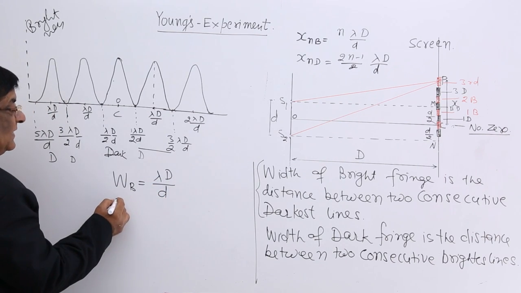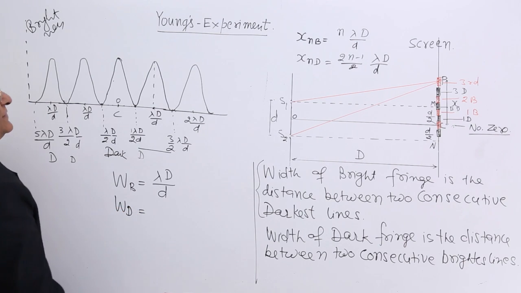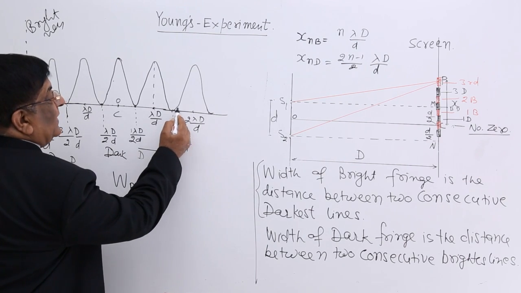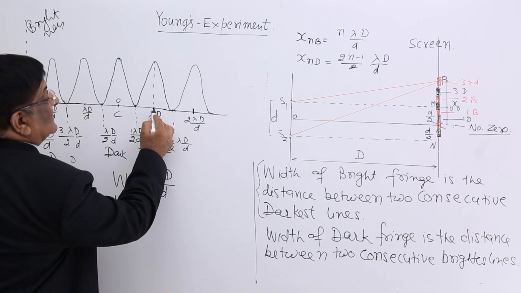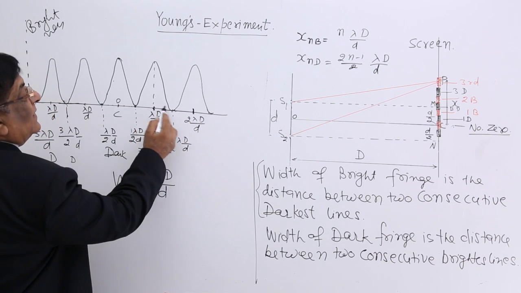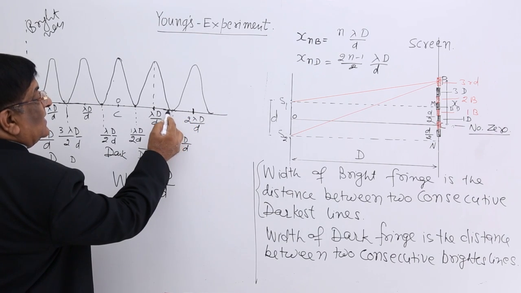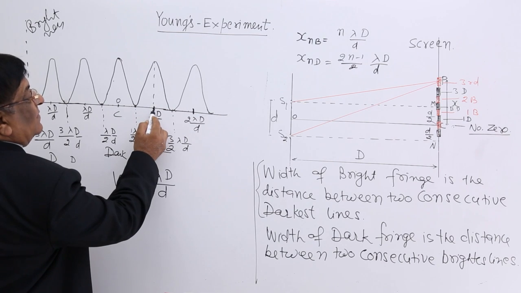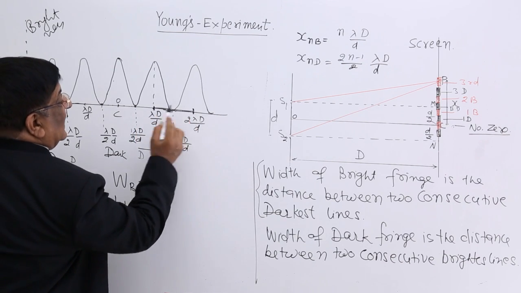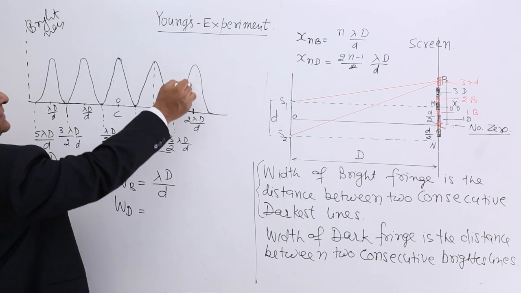Again, width of the dark fringe. Where is the dark fringe? This is the darkest point. This point is the brightest line, and this is the next brightest line. Brightness decreases to darkest, and brightness again increases. So this is again maximum dark, and this is taken as the width of the dark fringe, from bright to bright.